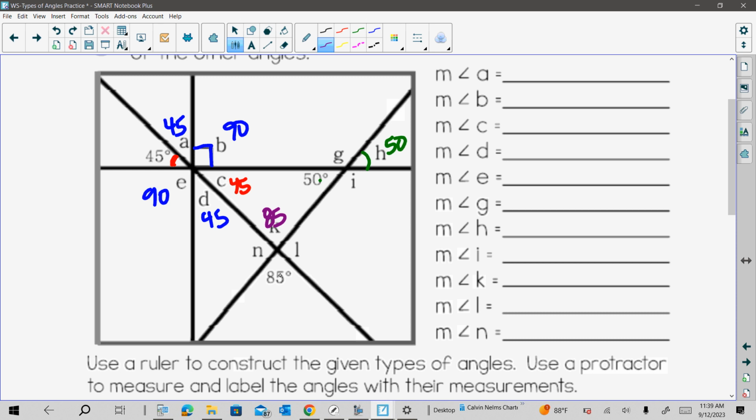All right, so how am I going to get to G here? 180 minus 50, exactly. Linear pair. 130. So this is 130. Do you see what you're doing? So I tend to tell students, mark everything you know on the diagram first and then fill in your missing angles.